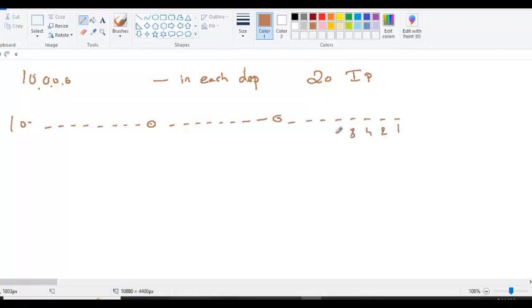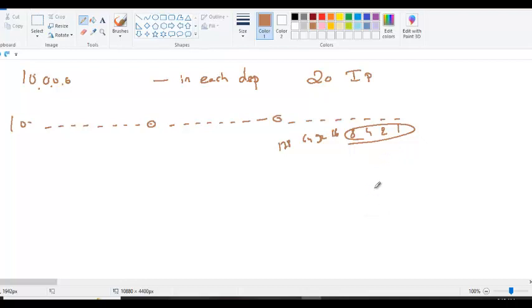Now, how many numbers together will give 20? If I add these 4 together, what do I get? I get only 15. So that's not sufficient. So I decided to take this 5th bit.